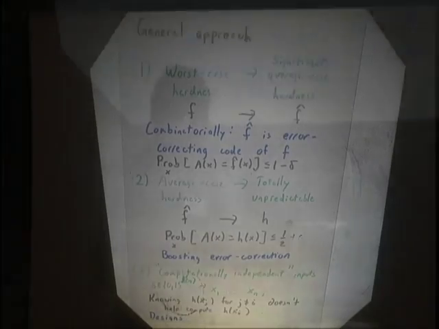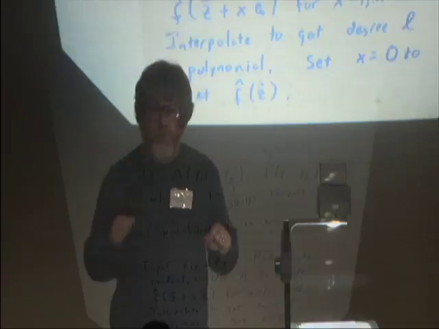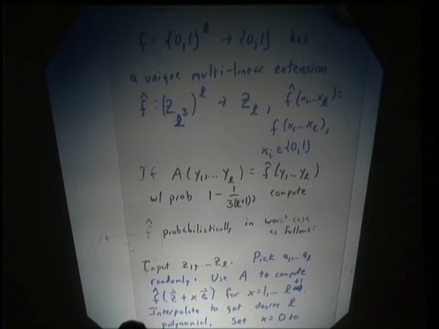So here's the first step. Say we've got any Boolean function on L bits that outputs one bit. This is our hard Boolean function. Each function has a unique multilinear extension over some finite field, and we need the finite field to have more than L elements by some amount.